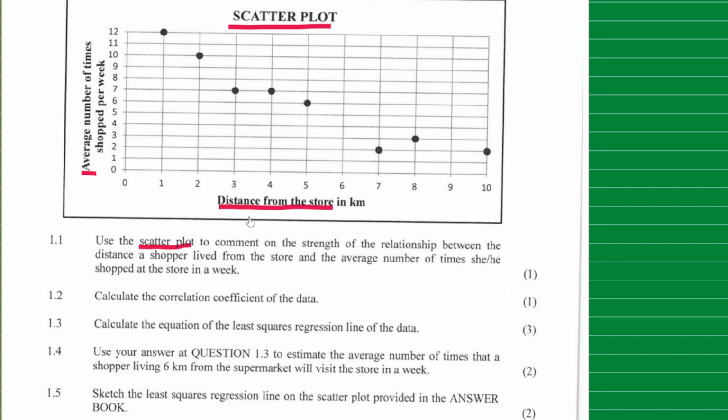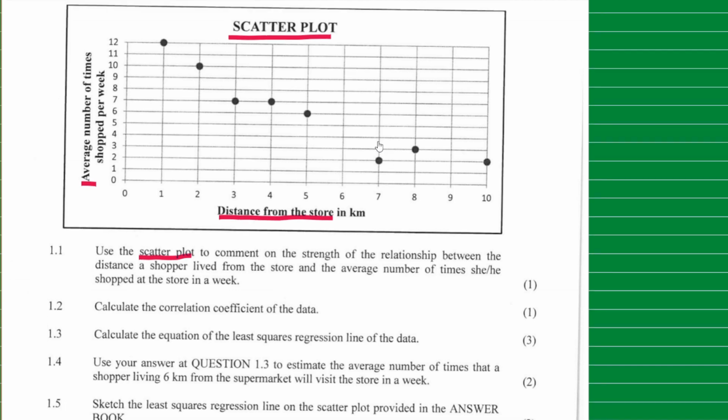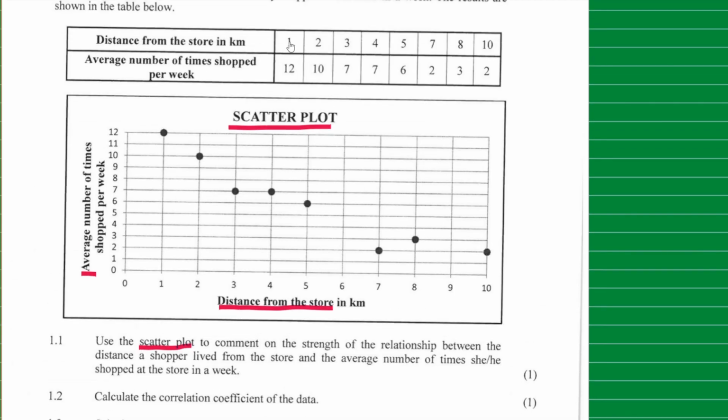That information is represented by what is called a scatter plot. Scatter, because we've got the points that we plot here that are scattered. So how we got those points: we have point 1 when the distance is 1, the number of times is 12. So 1 kilometer away, I'm more likely to visit. 2 kilometers, there were 10 times shopped.